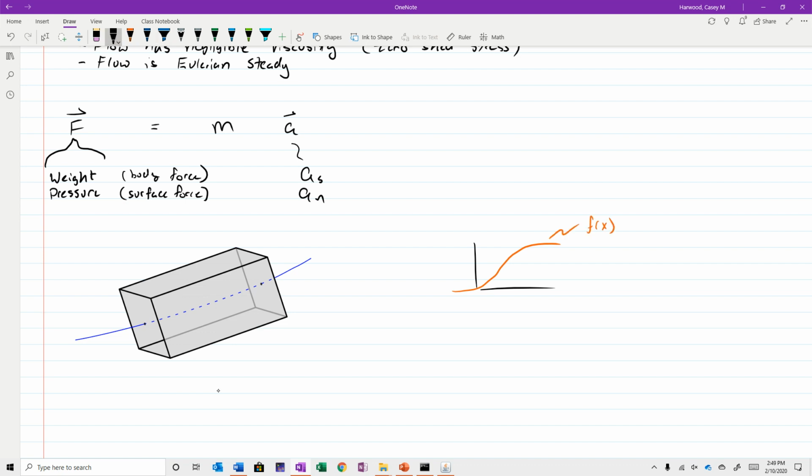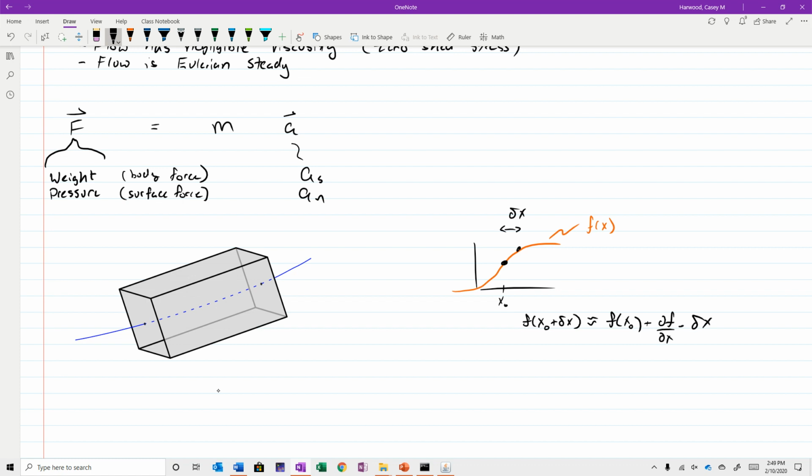And you only know information about this function at one particular point in space, and you want to estimate this function's value at some nearby point. The idea is, if this is x naught, we'll call this distance delta x. Then you can basically say that f of x naught plus delta x is approximately equal to f at x naught, a value you know, plus df dx times delta x.